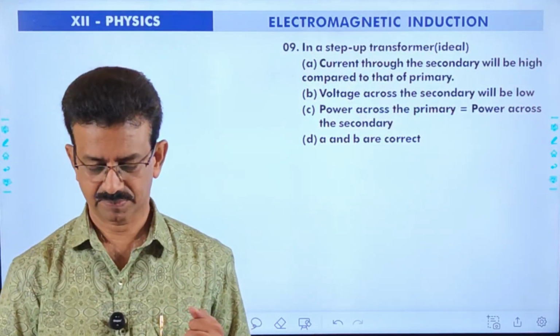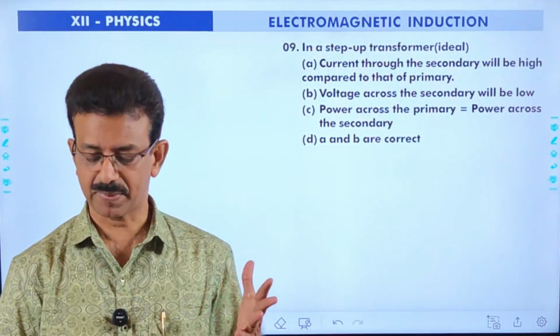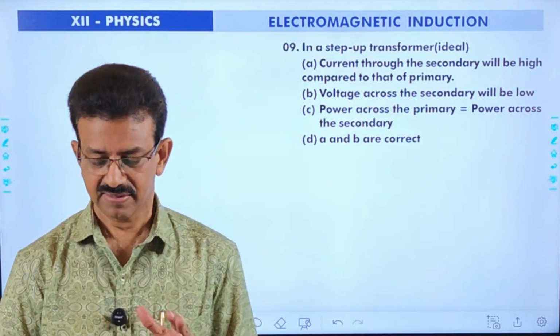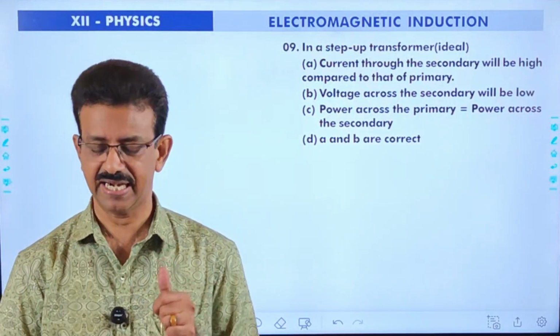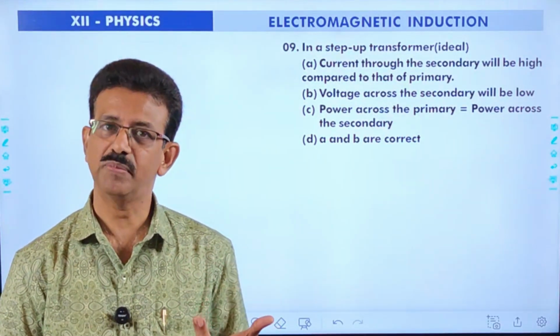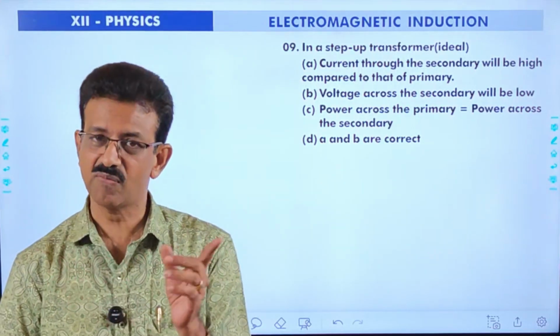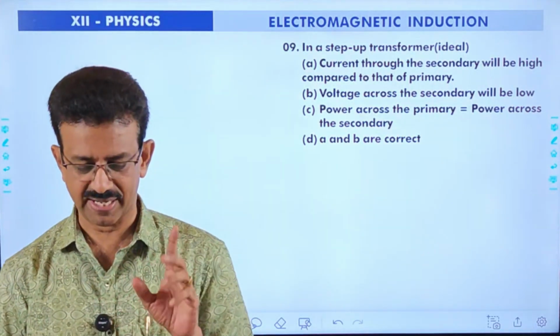Question number 9. In a step-up transformer, given as ideal, a transformer will have a primary coil and a secondary coil wound over a laminated soft iron core.